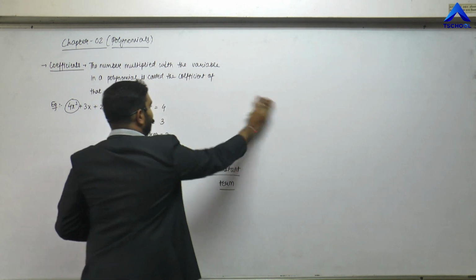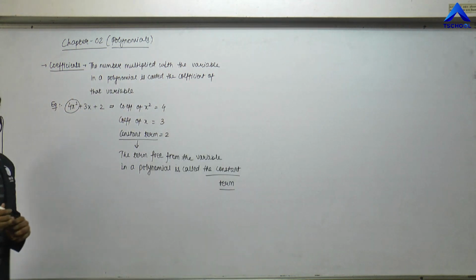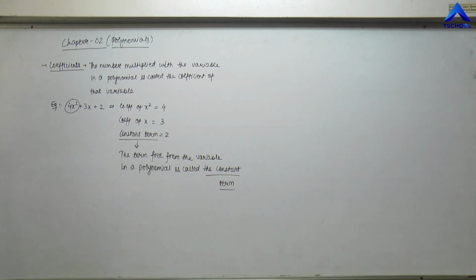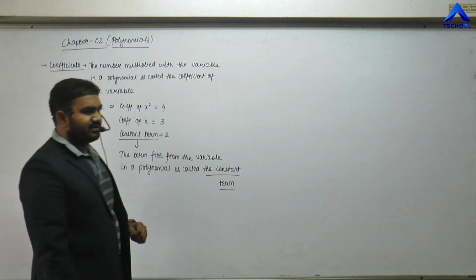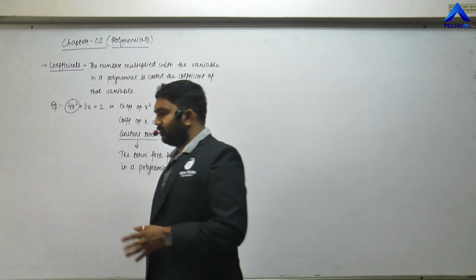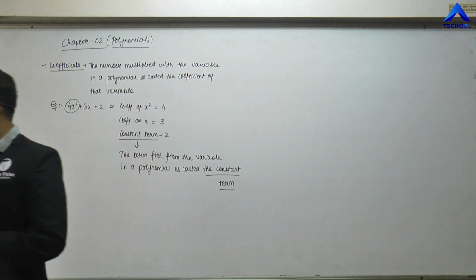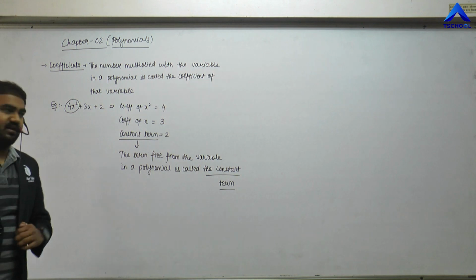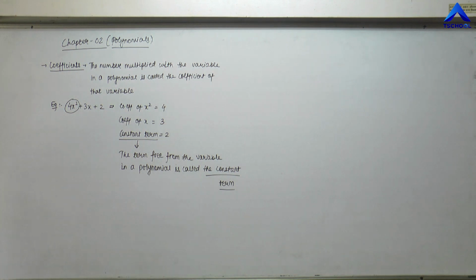So physically there is no variable present, but mentally it is present. That is the magic of the constant term, right? So the term present in a polynomial free from the variable is known as the constant term.